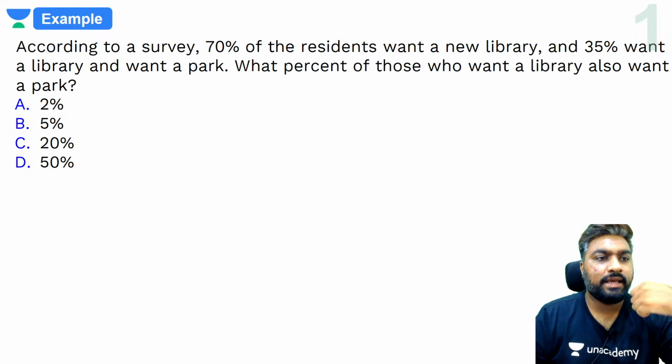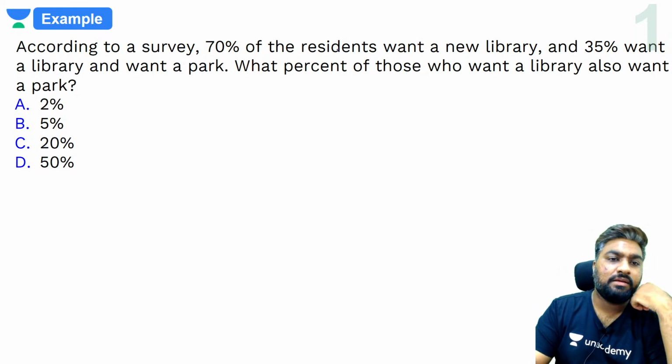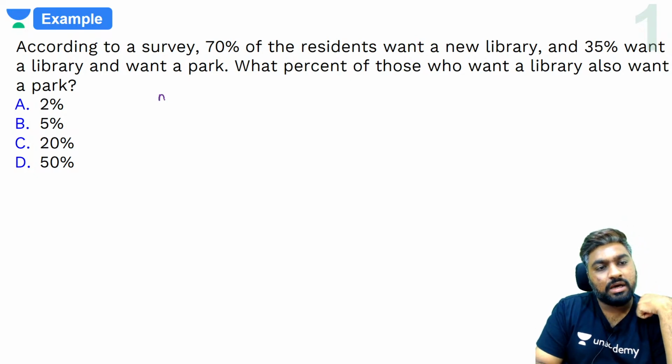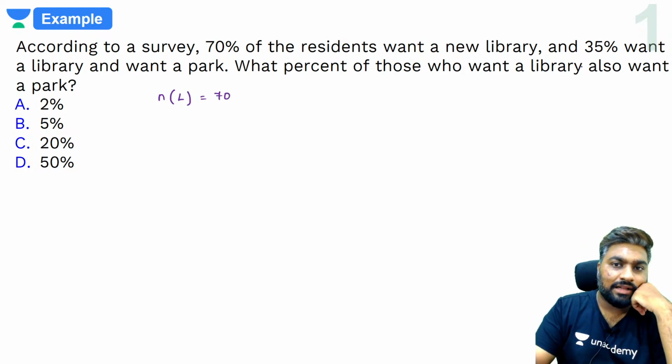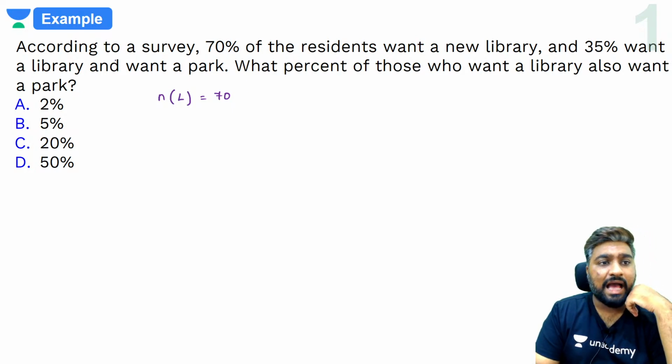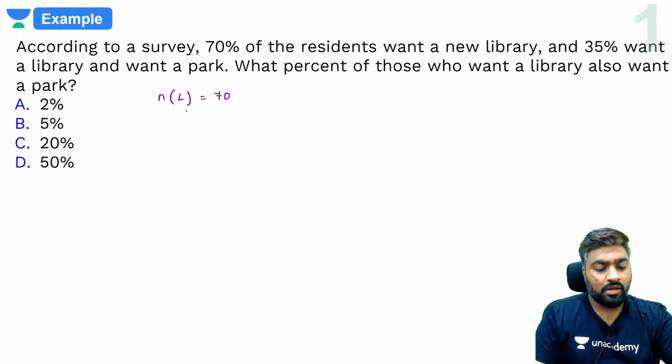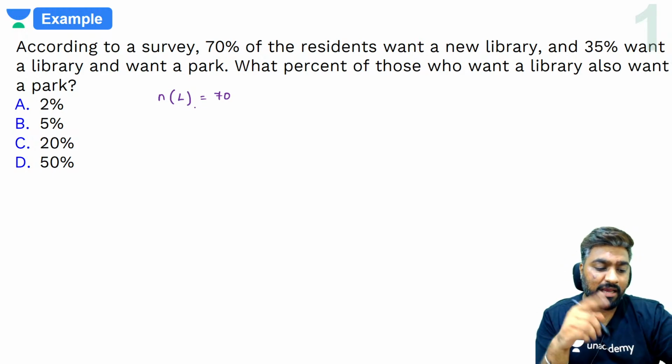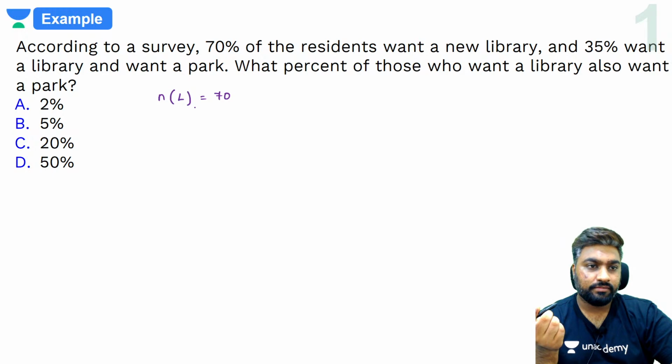Okay, so what are they saying? According to a survey, 70% of the residents want a new library. So the number of people who want a new library, let's say, is 70. And 35% want a library and a park. What do you mean by library and a park? That means they want a library as well as a park.